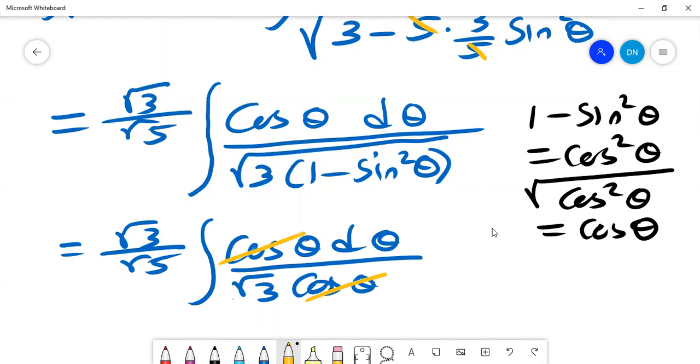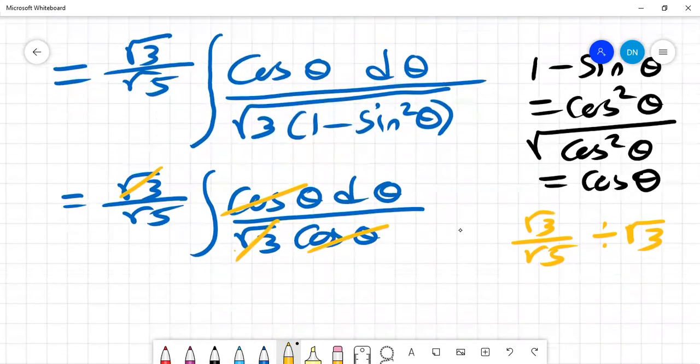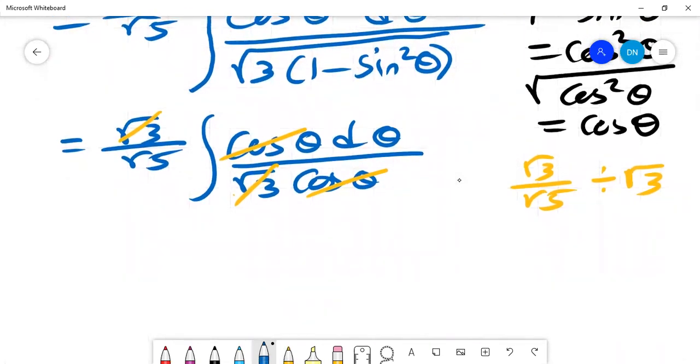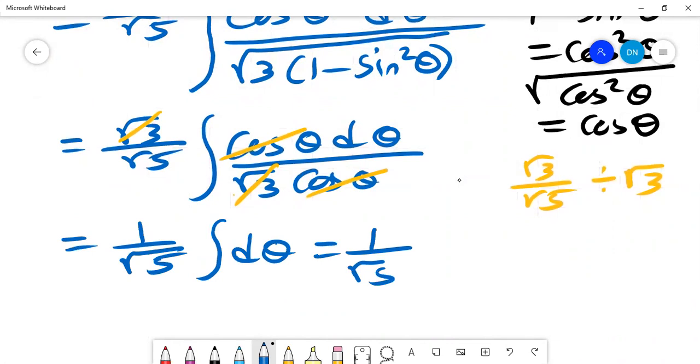This will be root 3 over root 5 divided by root 3, and when you introduce multiplication, that will automatically cancel out. So that becomes clear for us now when we do that math. Therefore, this gives me 1 over square root of 5 integral of d theta, which is 1 over square root of 5 theta plus c.